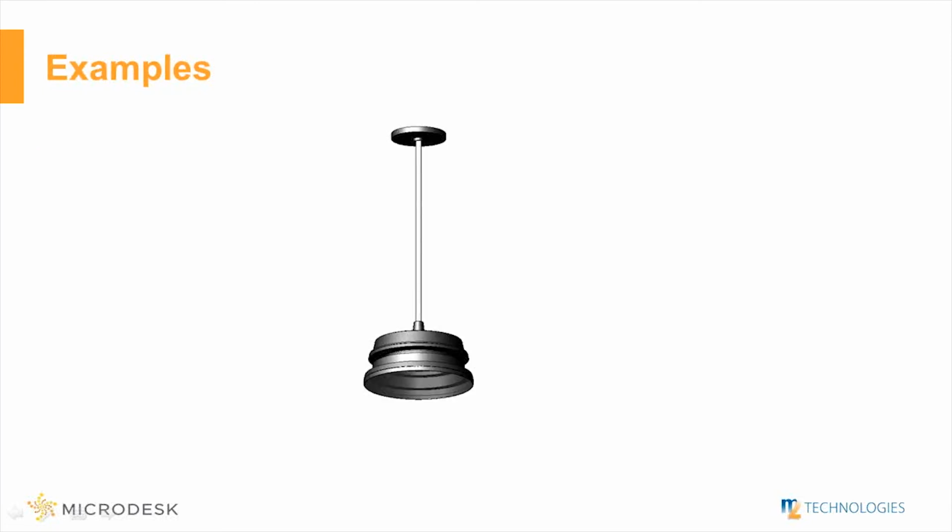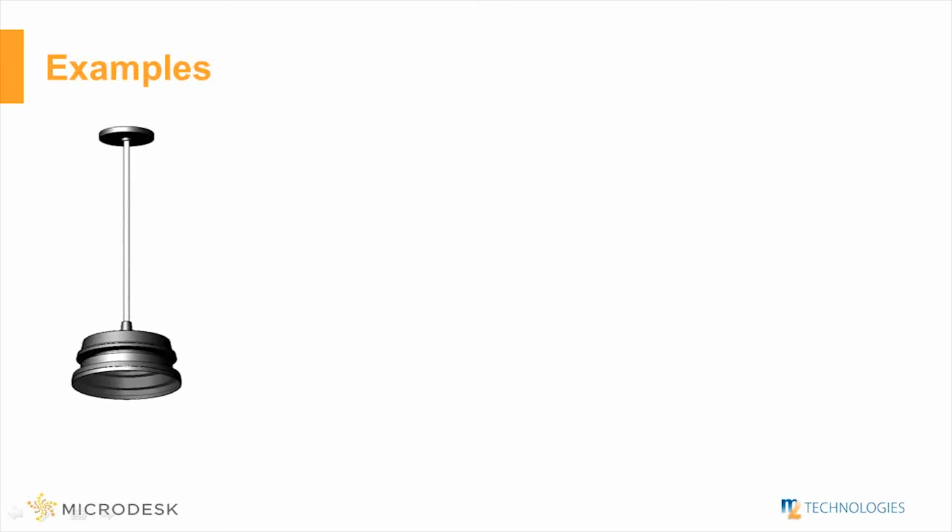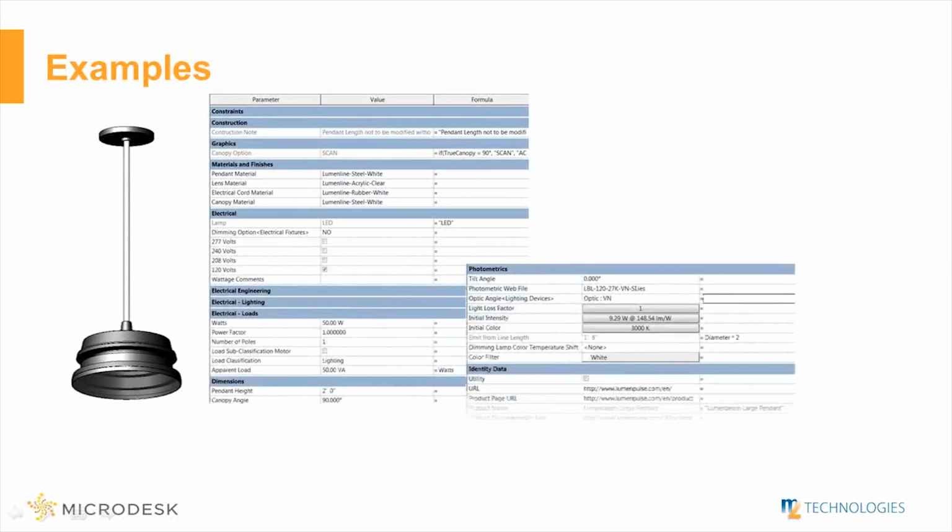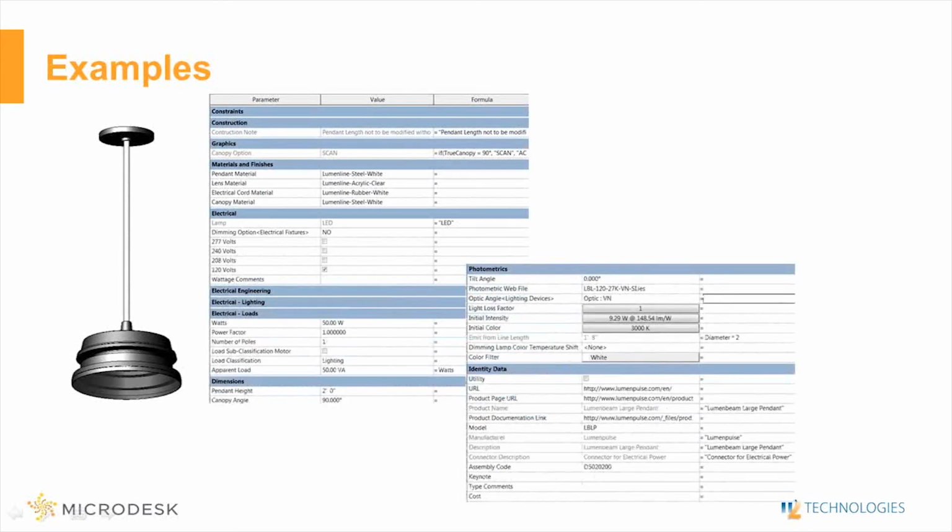So this is just one of the many examples of light fixtures that we did for them. This is the Revit model, where you can look at the data associated with it. There's a lot. It couldn't fit in one single area, so I had to put it into two. All of this data changes depending on the model being used.